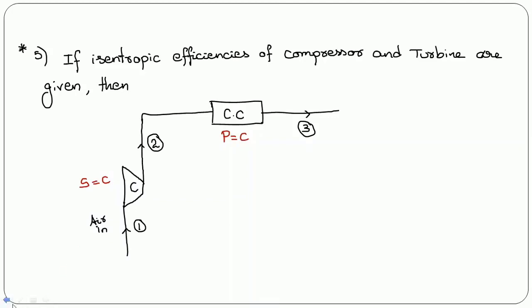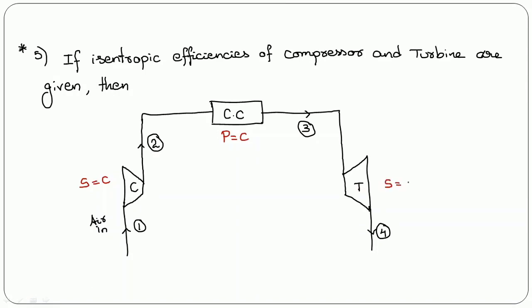Now this heated air enters into a turbine, where in the turbine expansion takes place. So let us say the expansion that is happening is isentropic expansion.